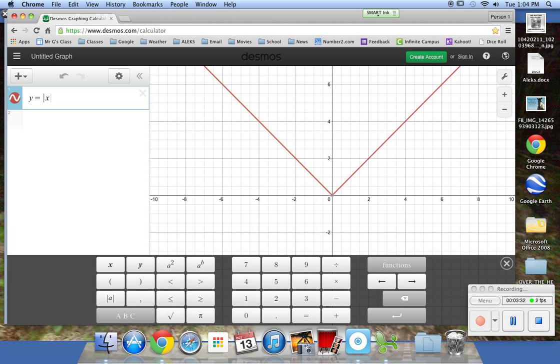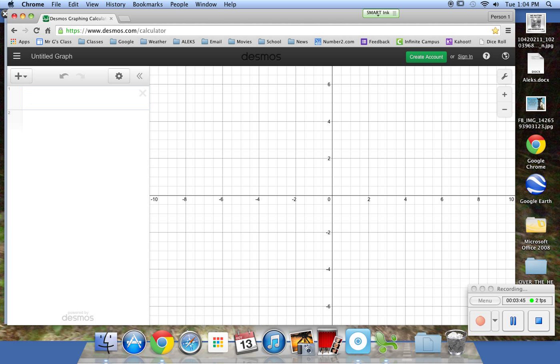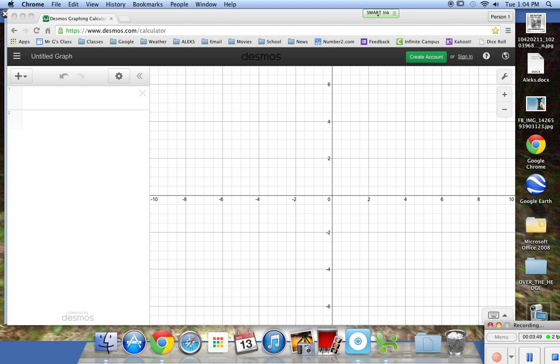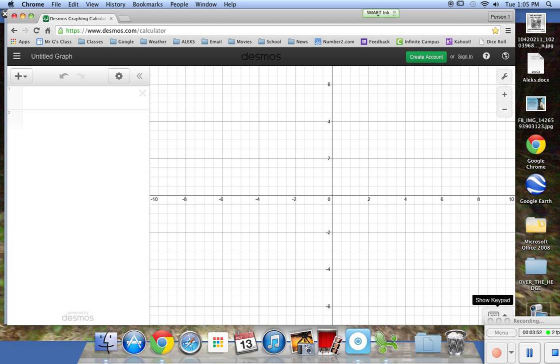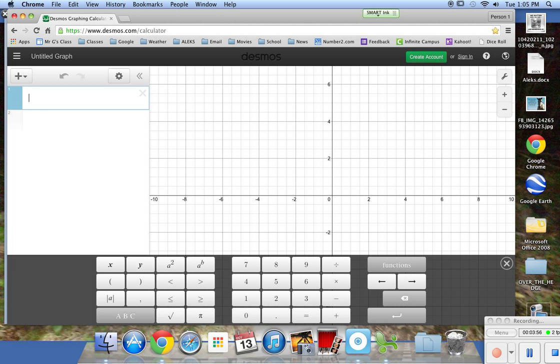Going into another one, if I was to put 1 divided by, that looks pretty silly. Y equals 1 divided by x.